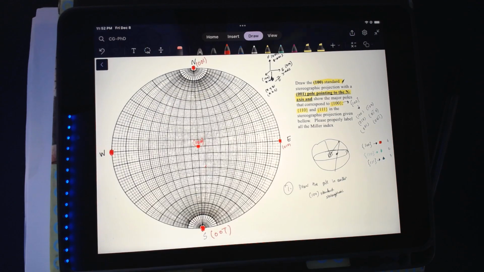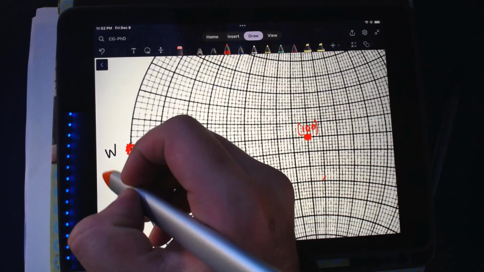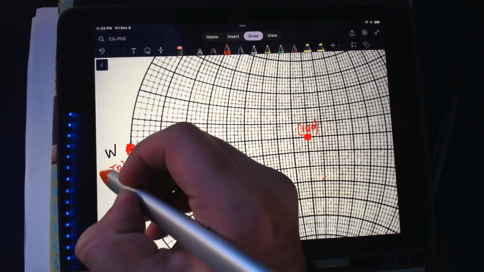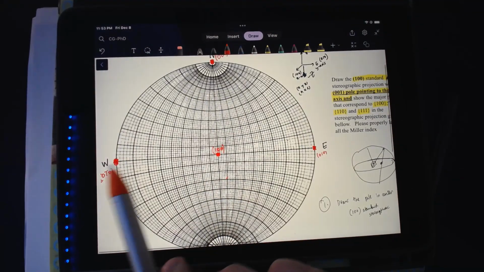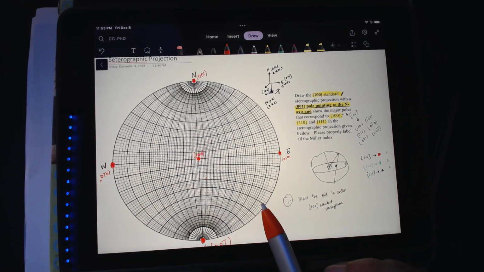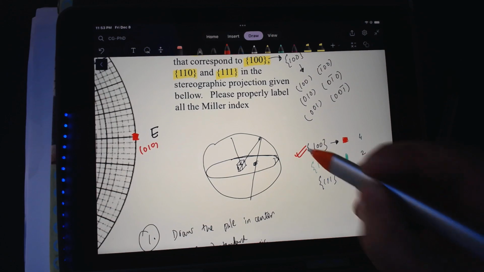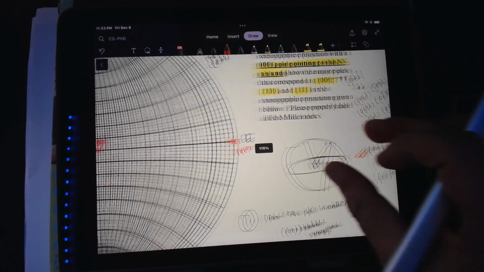That just becomes opposite to the east, so that will just become 0 bar 1 0. Alright? So just the opposite to the east. And with these drawn, we have completed all the poles that belong to the family of 100, all the major poles that belong to this family.